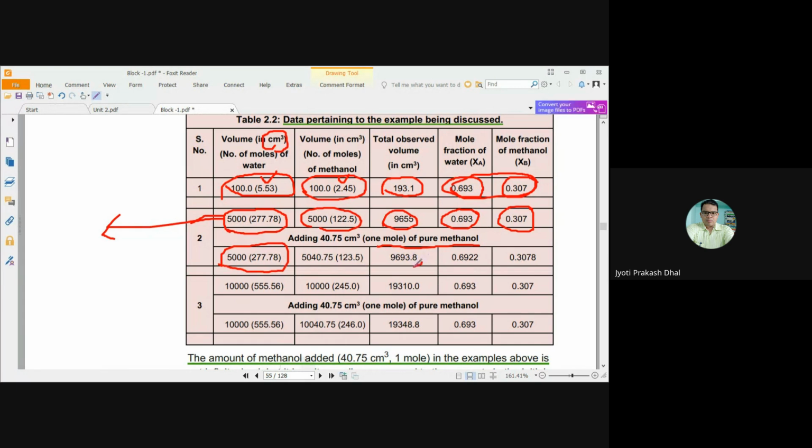And here in this case the observed volume will become 9693 plus 0.8, and the mole fraction of water will decrease from 0.693 to 0.6922, and the mole fraction of methanol will increase from 0.307 to 0.3078.